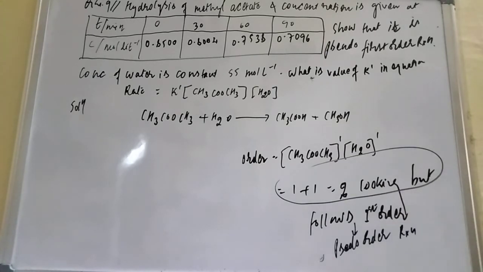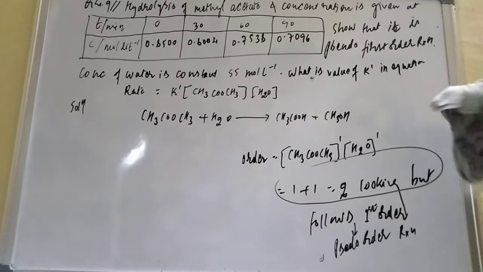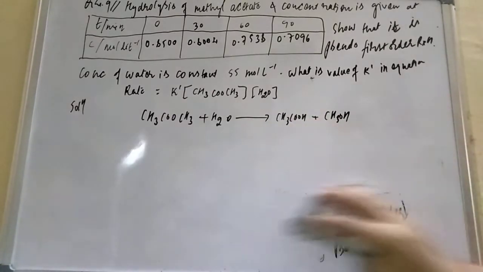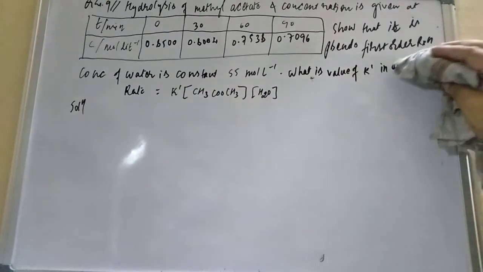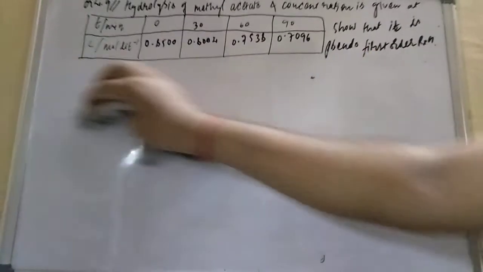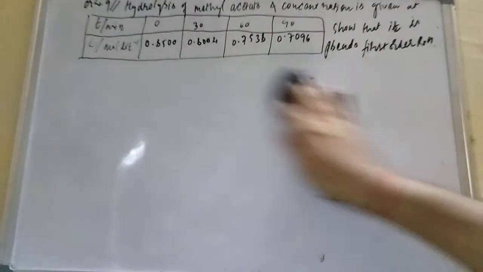Now, student, what we have to understand in this equation is that a few things have been given. The rate is given, and the water concentration is also given, that it is constant. Here I am erasing some part of the question so that things are easy to understand.